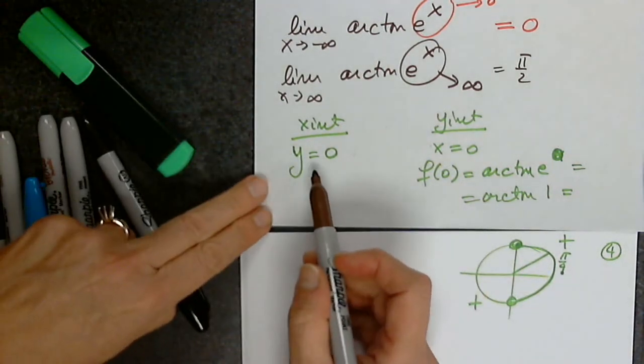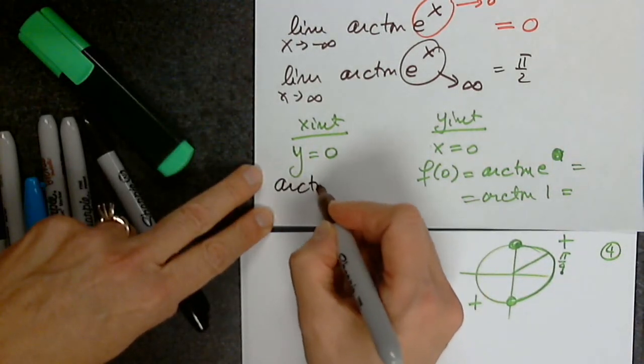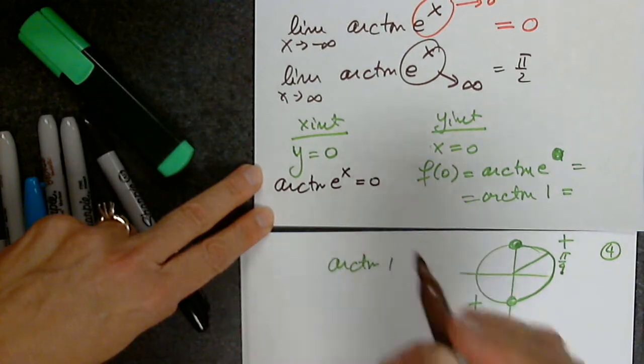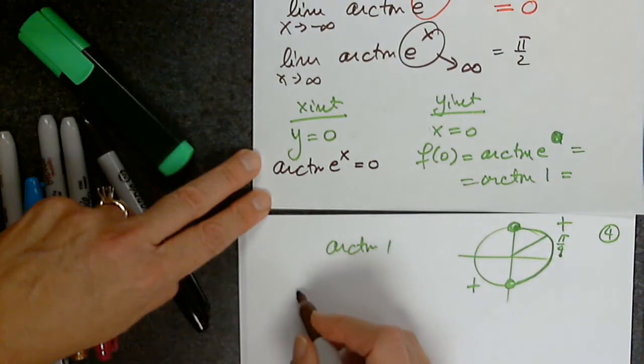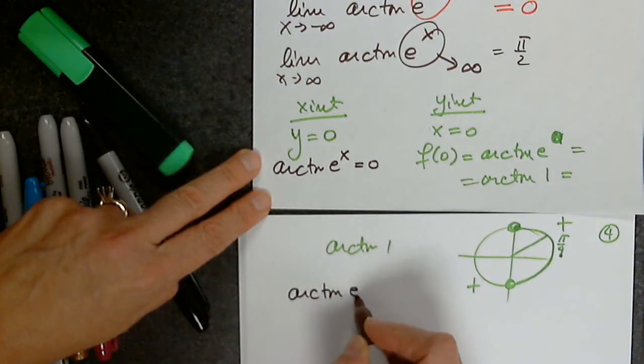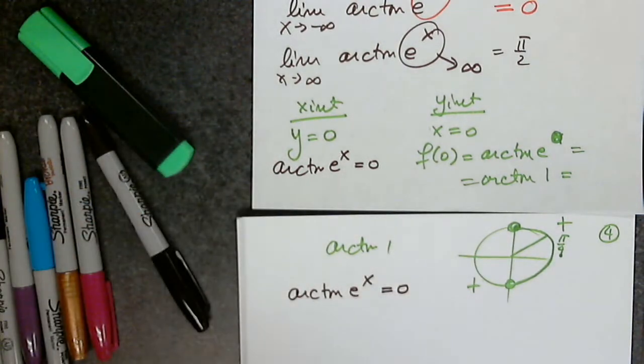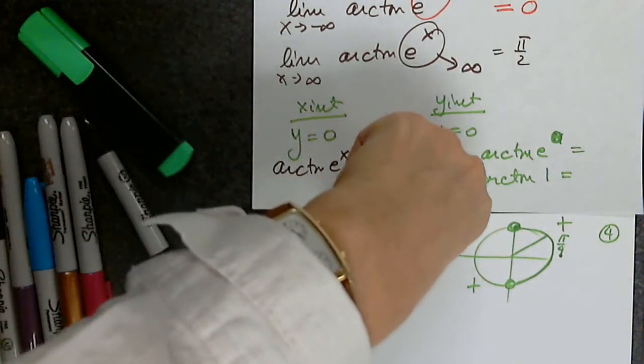Okay, now for this one, y equals 0. Arctangent e to the x equals 0. So let's solve this equation. What should e to the x be?